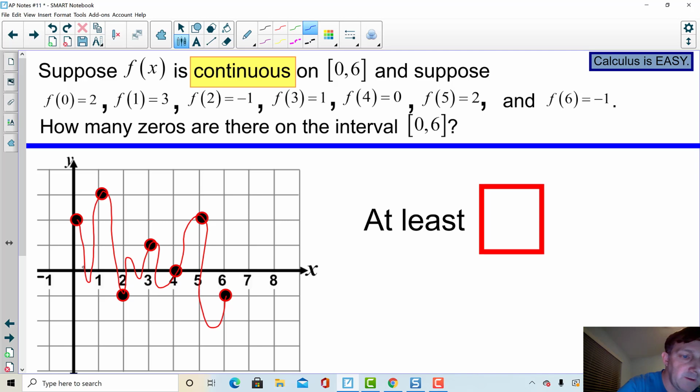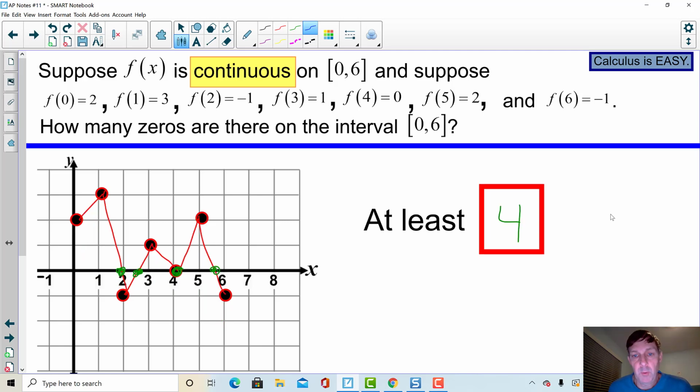This could be happening. 1, 2, 3, 4, 5, 6, 7, 8, 9. This one has 9. But we're looking for the smallest amount of zeros that must exist. And so we're just going to connect the dots with straight lines. And so in this case, we're going to say, well, at least 4.